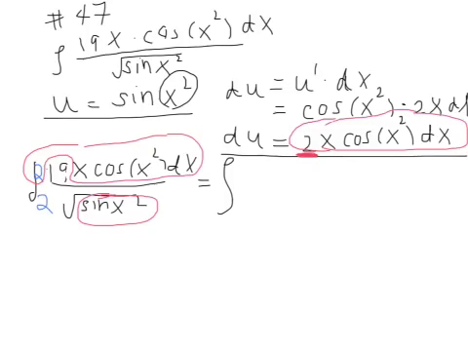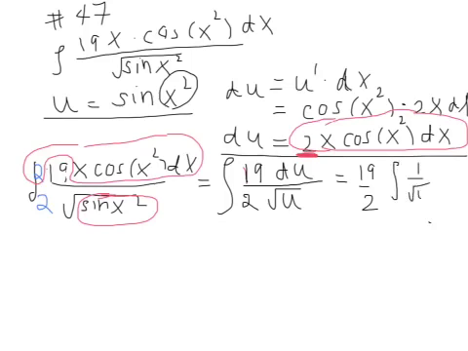So then your integral becomes: you got the 19 still, and 2x cosine of x squared dx becomes just du, and the denominator is 2 square root of u. This is just equal to 19 over 2 times the integral of 1 over square root of u du.